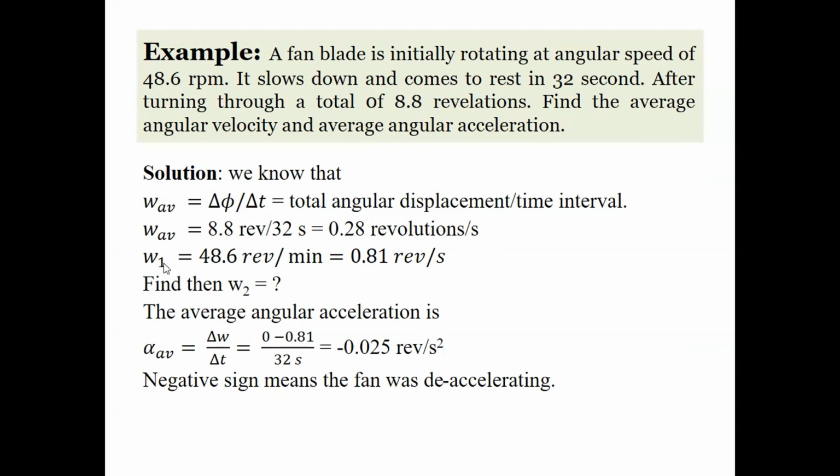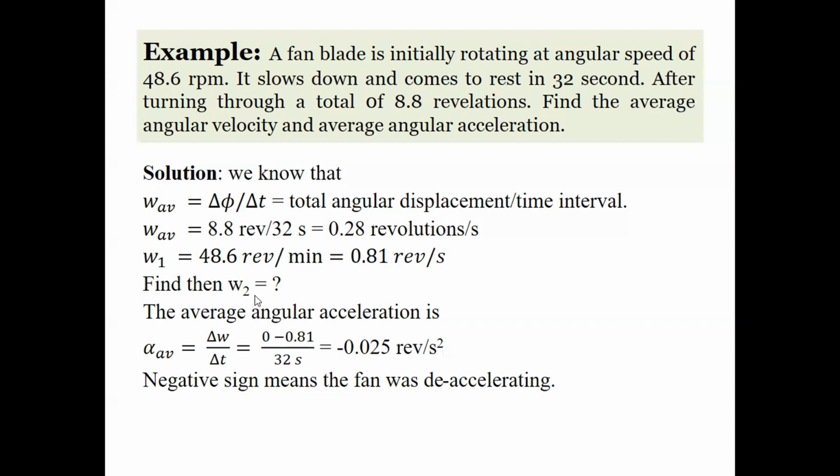W1 is given to us, 48.6 revolutions per minute. We convert it into revolutions per second. Then we can find the other velocity as well, because delta omega divided by delta t is the average acceleration.